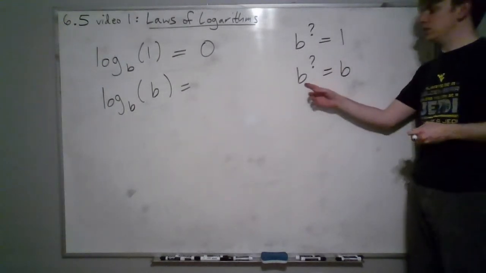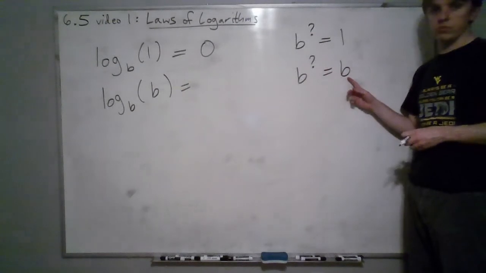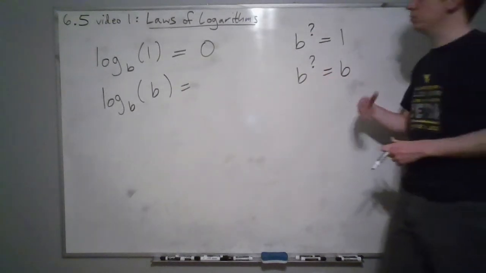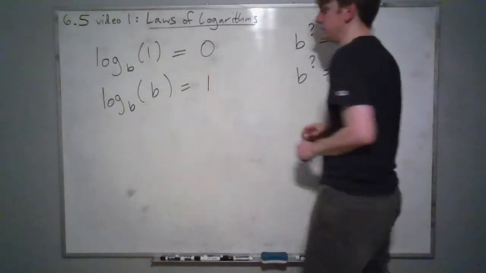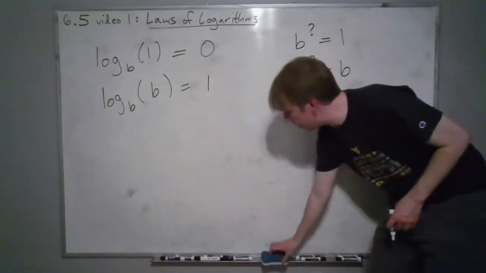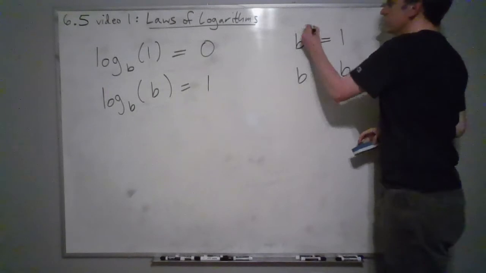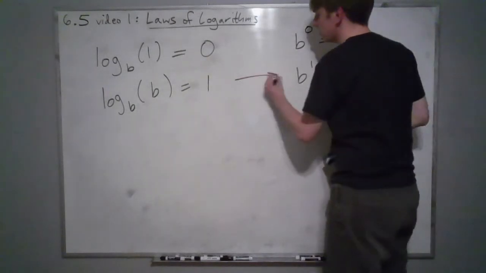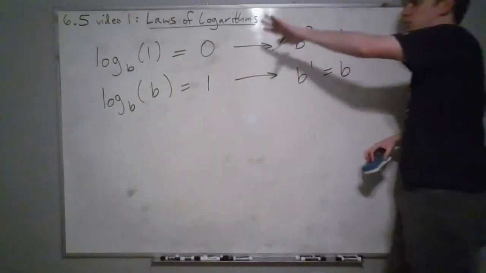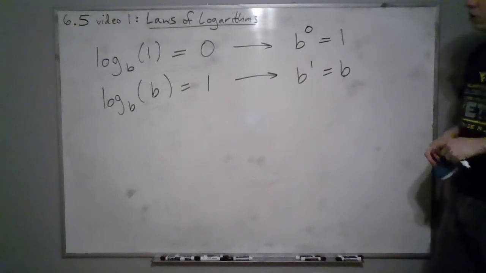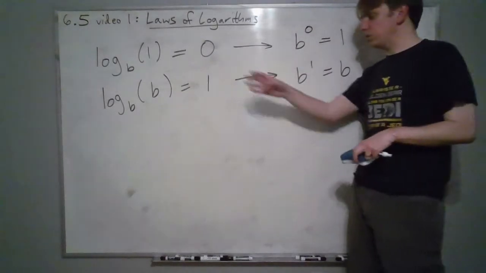Well, anything to the first power is equal to itself, so apparently the missing number is 1. I should go back and fill in the blanks. This was a 0, and this is a 1. So this is the corresponding rule of exponents for the law of logarithms on the left-hand side.